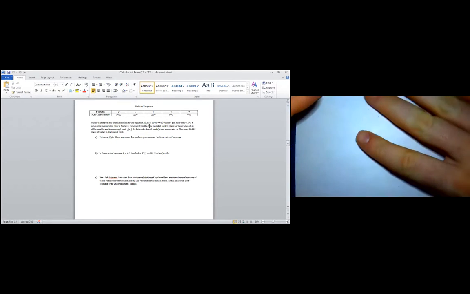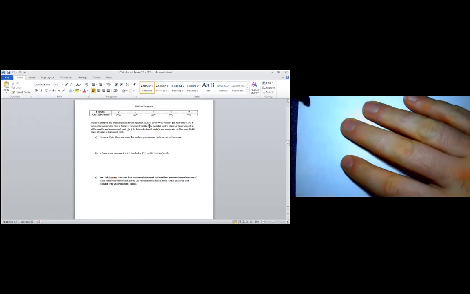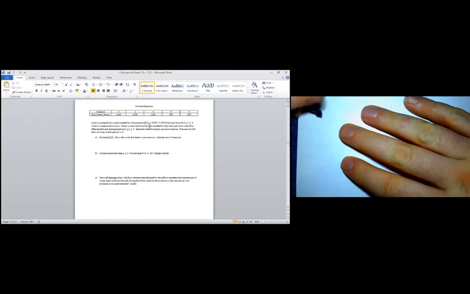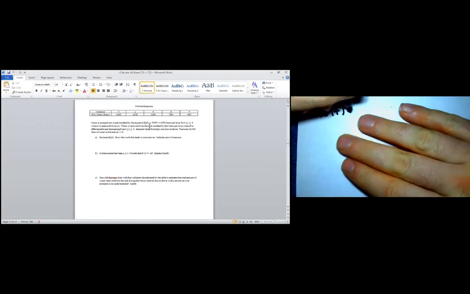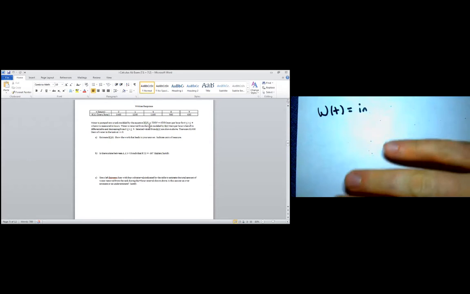All right, so water is being pumped into the tank, modeled by W of T, and we have an equation for that, but we'll come back to it. Here's the important thing. You want to just make a list for yourself, a little legend or a key or whatever you call it, saying what's what. W of T stands for in, and I'm even going to put in parentheses, that's the equation, just because it's easy to lose track of stuff.